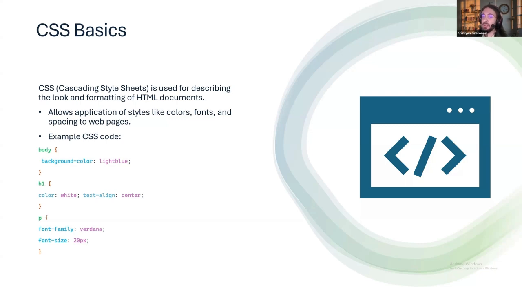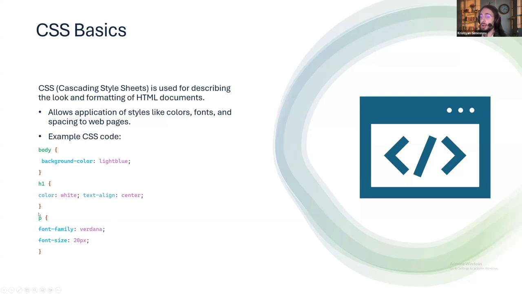The body, meaning the whole text part that you have on your web page, is gonna be light blue. Then your headings are gonna be white and aligned to the center.